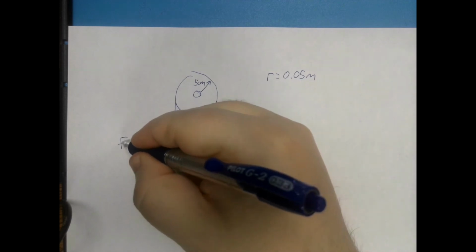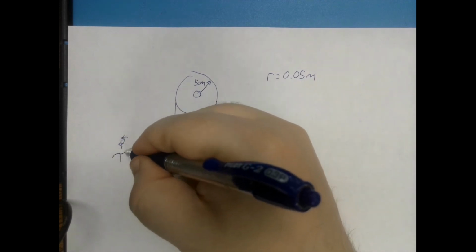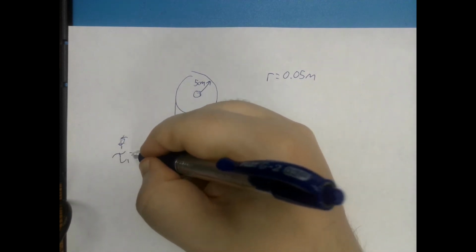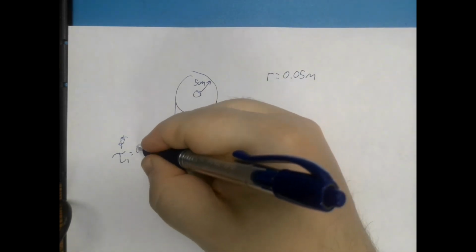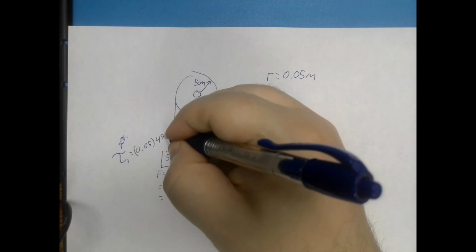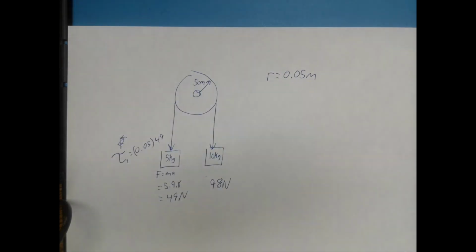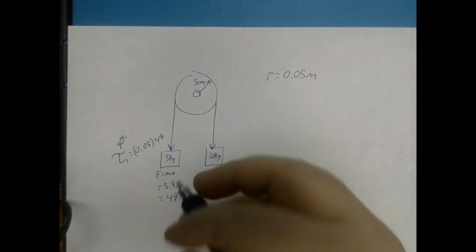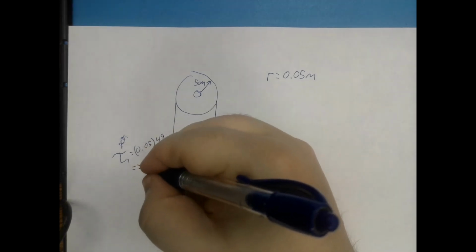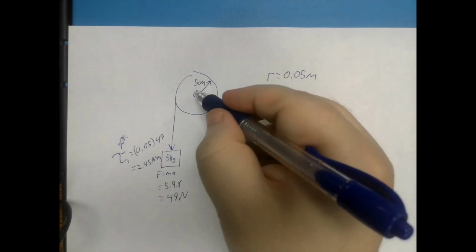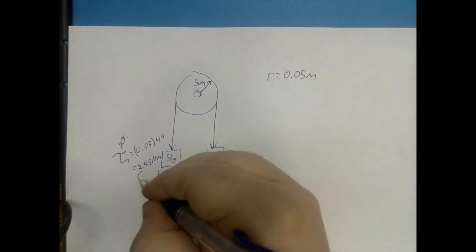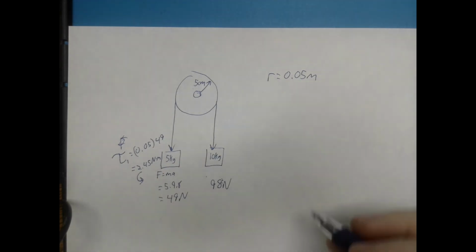So we have two torques. The torque here would be equal to 0.05 times 49. So the torque on this side is 2.45 newton meters, and it would make it want to rotate counterclockwise.